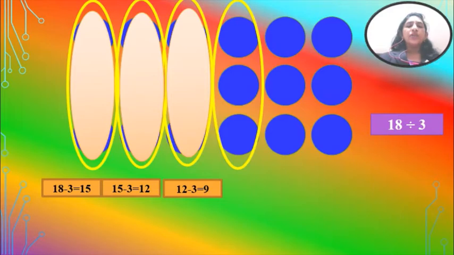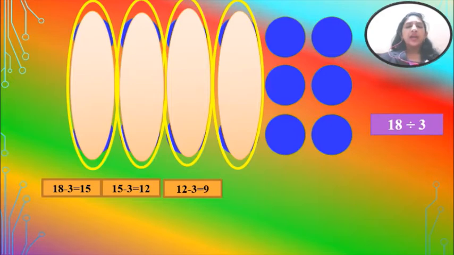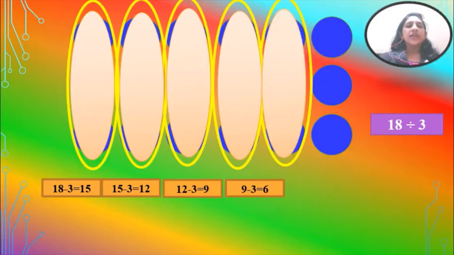Again, I will distribute 3 circles to another student. I need to subtract that also from 9. Yes, so when I subtract 3 more from 9, I am left with 6 circles. I give one more group of 3 circles to another student and this again will leave me with 3 circles.